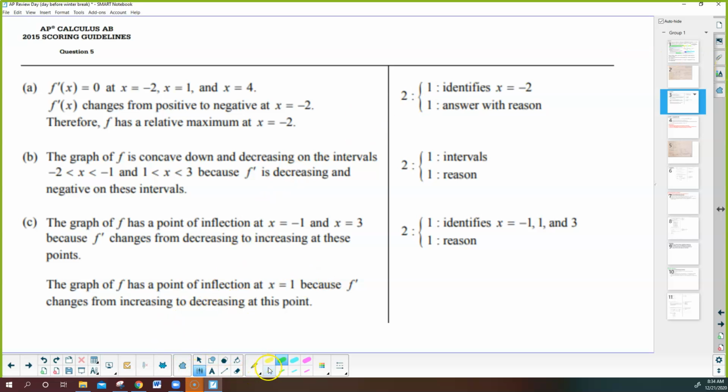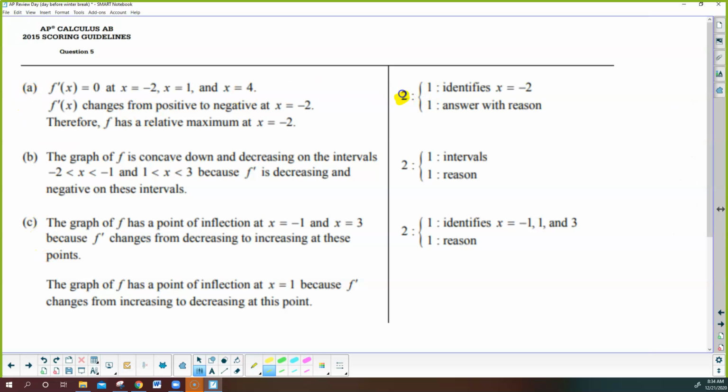So let's just quick look at this. How would they grade parts A, B, and C? And again, this isn't out of 9 points because I eliminated part D, but each one of those was worth 2 points. So what did they do for part A? If you identified your answer as x equals -2. Okay, if you identified that answer, that was 1 point.